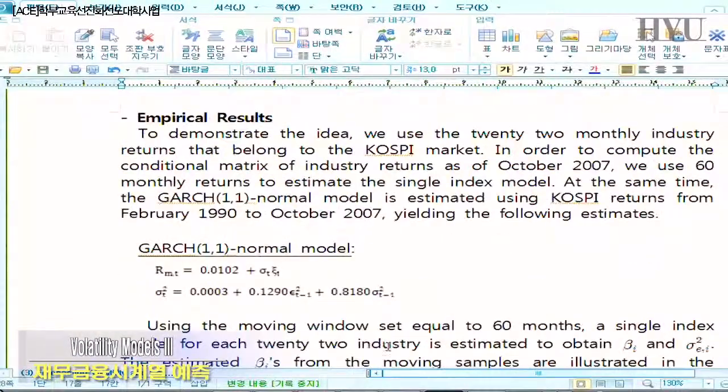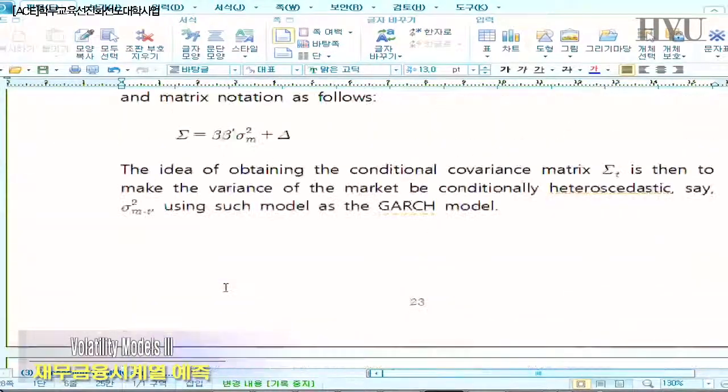Okay, so this is the case where I did some work with my graduate students the other day, using monthly data, using KOSPI return, a GARCH(1,1) normal model is estimated, something like this one. So this one is going to be replacing this.